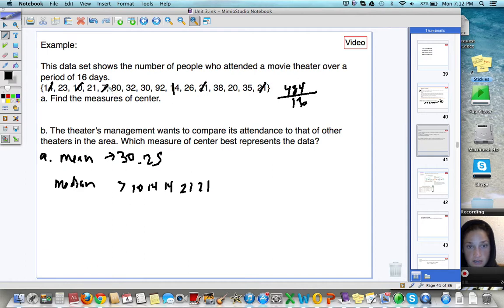Oh, just kidding, three 21s. A 23, oh, a 20 in here. Oops, I missed you.